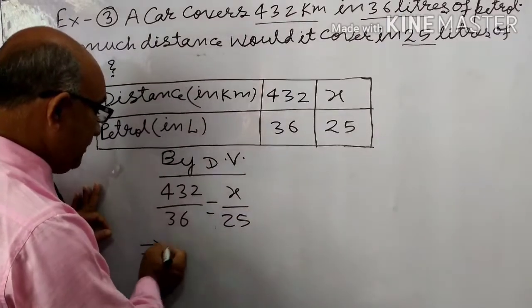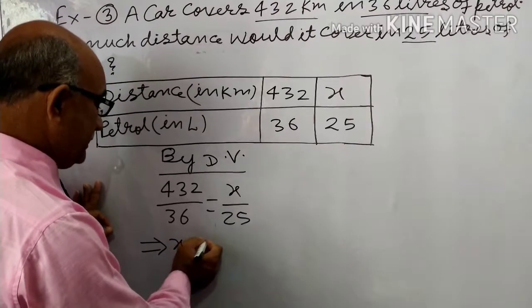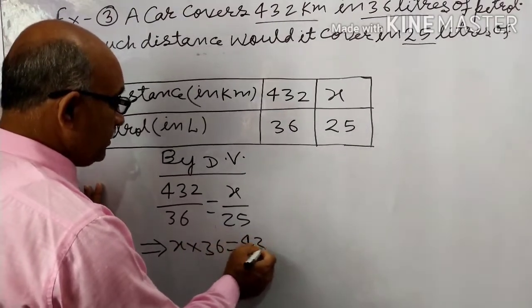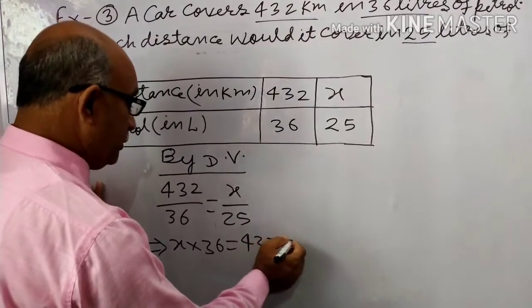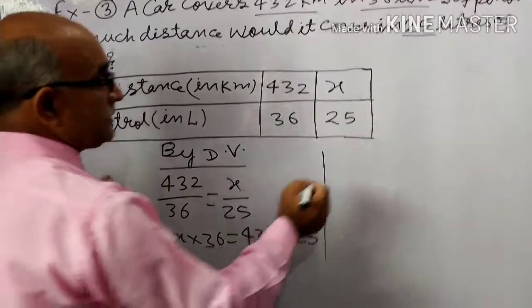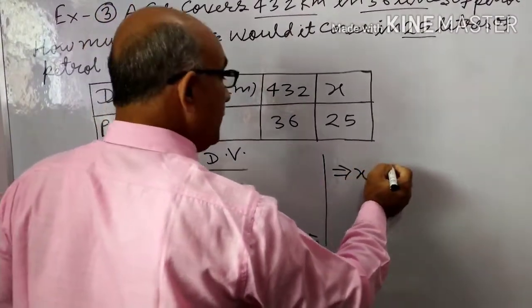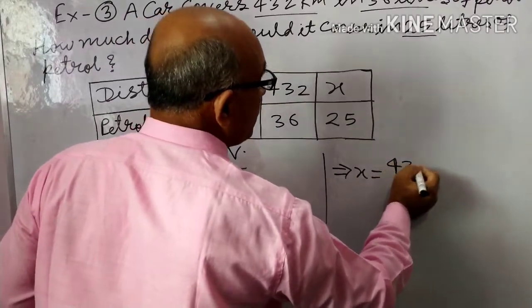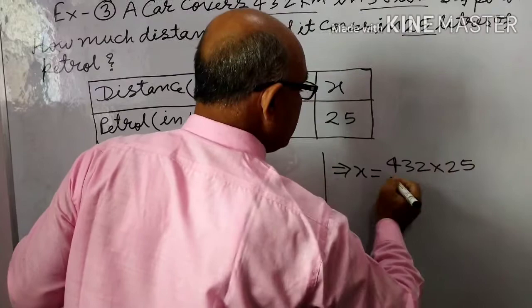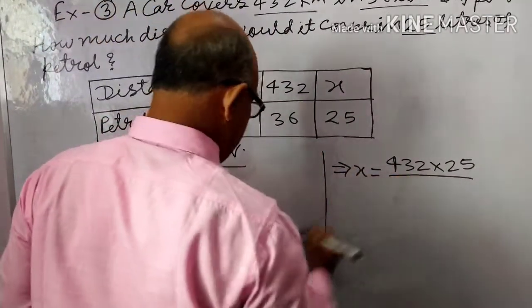Now by cross multiplication, x into 36 equals 432 into 25. That implies x equals 432 into 25 by 36.